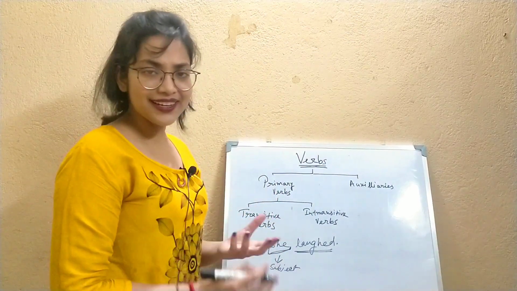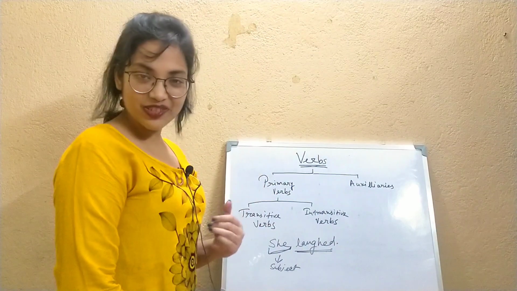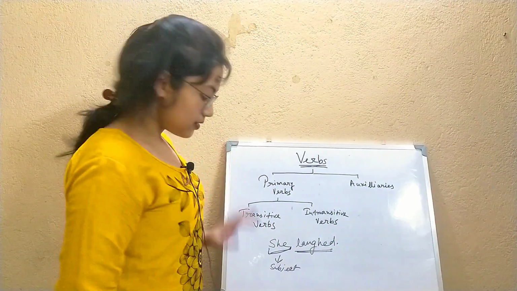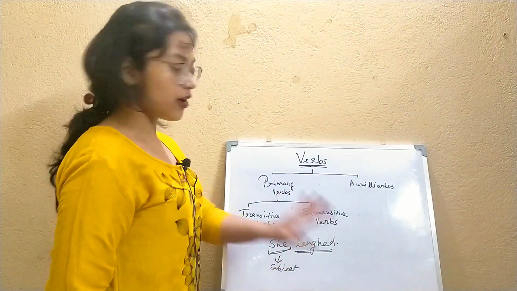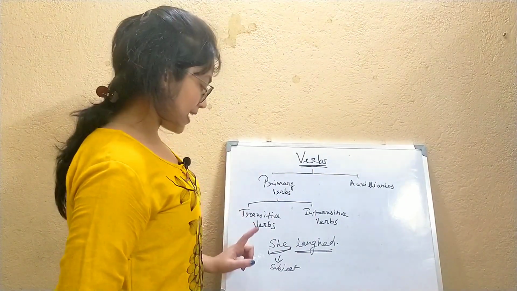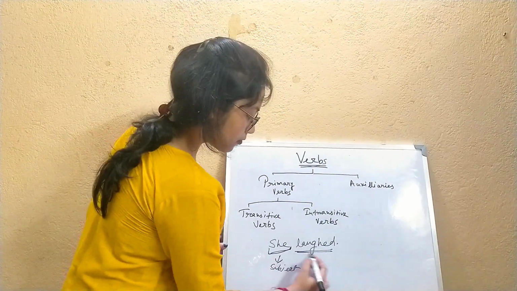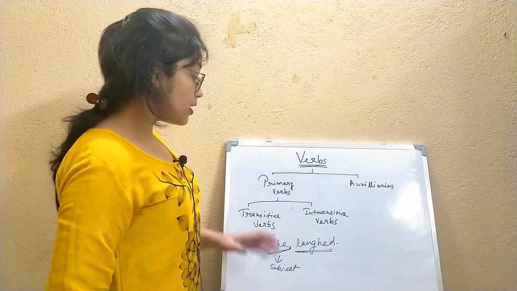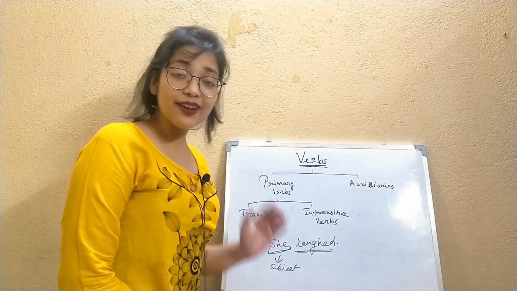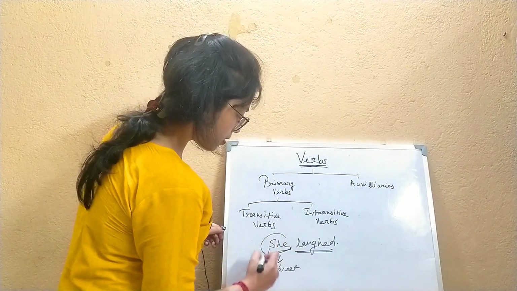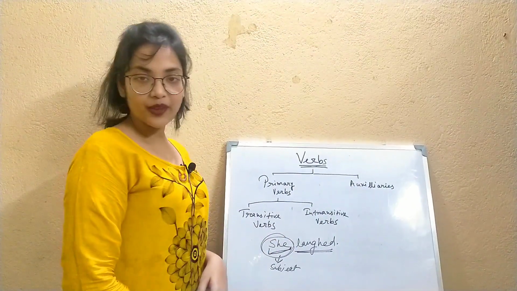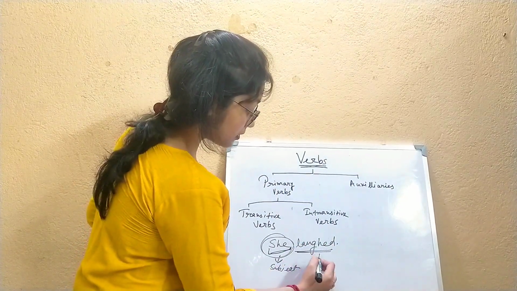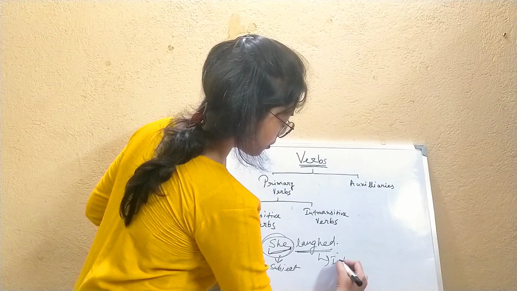We don't get such things in this sentence, right? Just what we get is she laughed. Okay, just the subject and the verb. In this case, this kind of verb is called an intransitive verb, where we can't raise any question against our subject. Okay, so we can call it an intransitive verb, right?